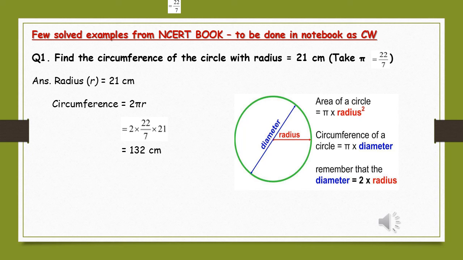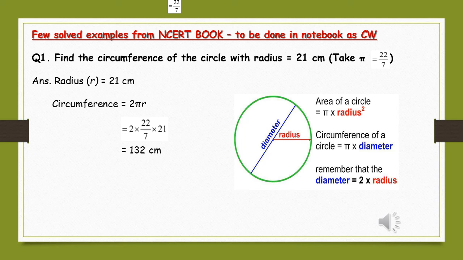We will be writing down the given data: radius r is equal to 21 centimeter. Circumference of a circle is given by the formula 2 into pi into r. Instead of pi, we are writing the value 22/7. So, 2 into 22/7 into 21, that is equal to 132 centimeter.